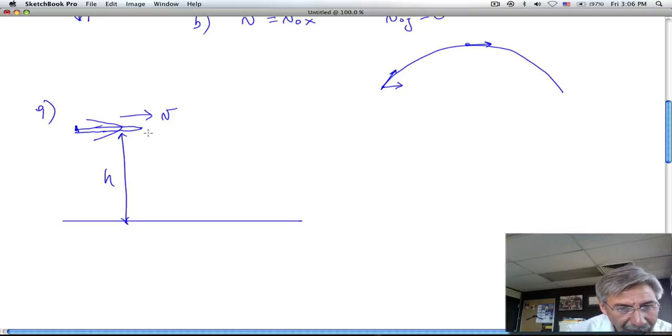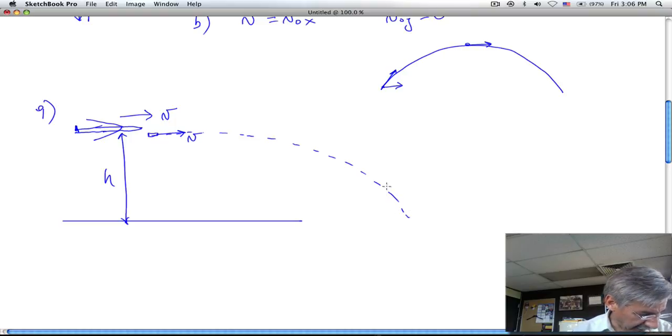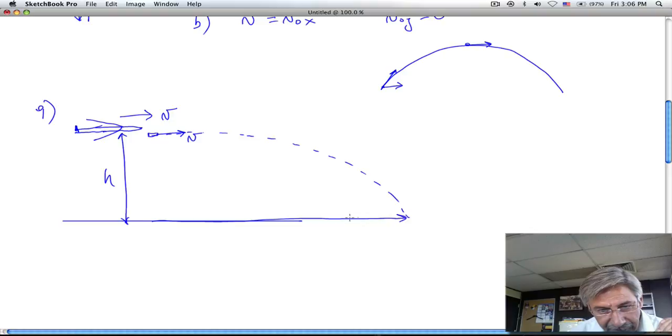When you drop something from here, just after dropping, it has the velocity of the plane. So it's a projectile that is now launched horizontally. So you go back to problem number 7, because the distance that this is going to travel horizontally is equation 1.